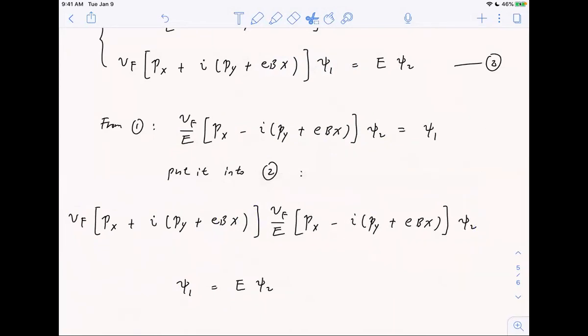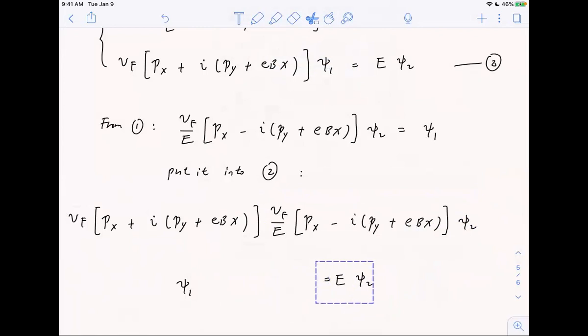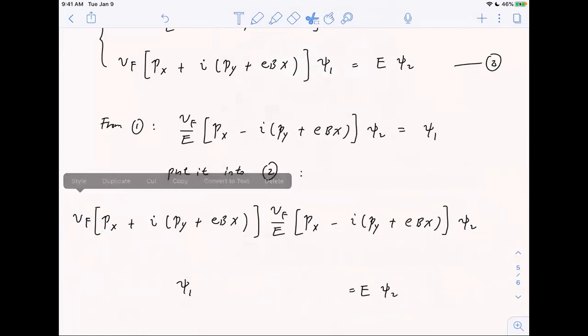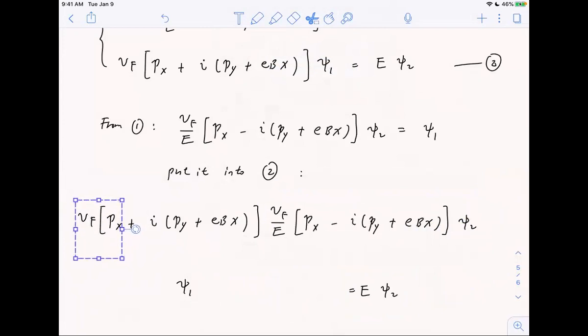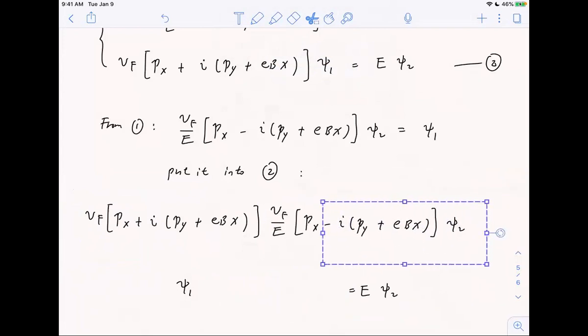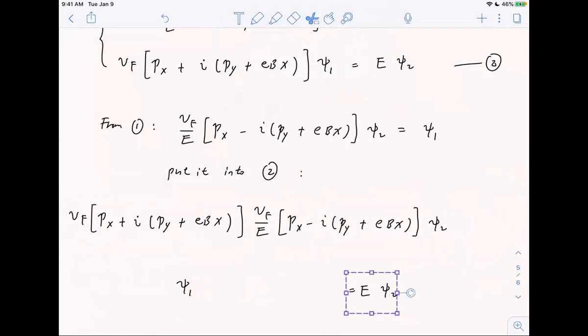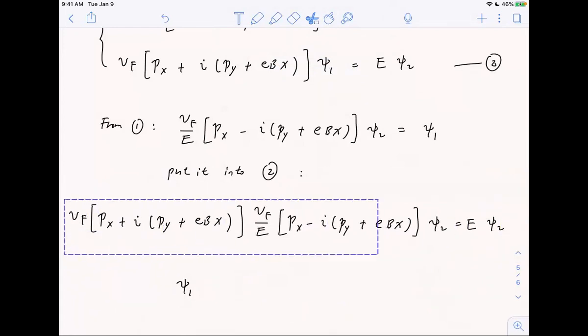Then you have these equal parts. Okay, let me take some space. Then you get this equation.